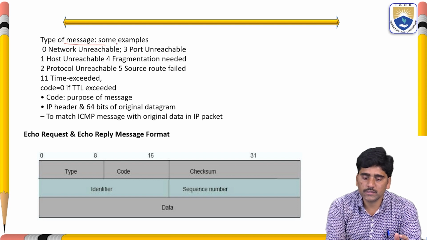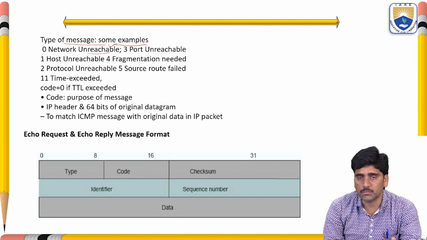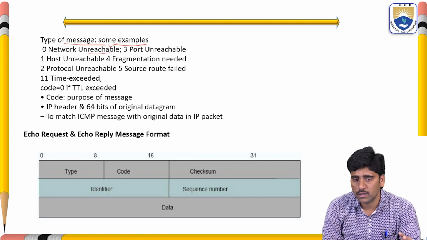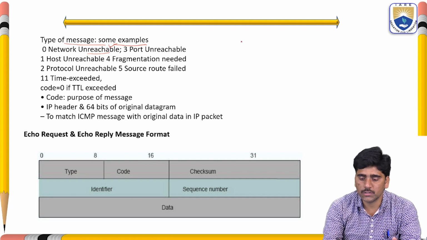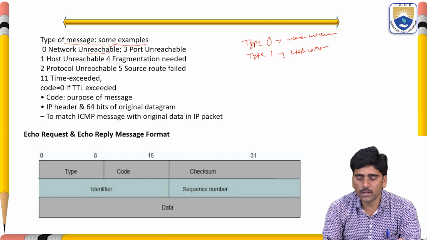Here we can see some examples: type 0 indicates network unreachable, type 1 indicates host unreachable, and type 3 indicates port unreachable.